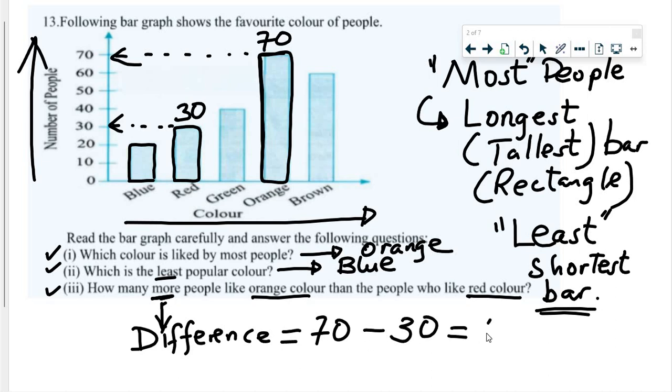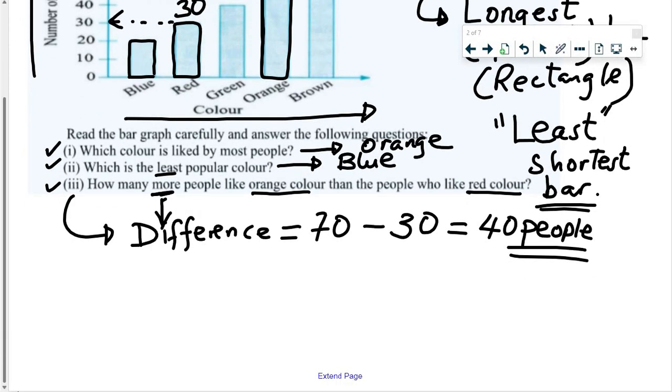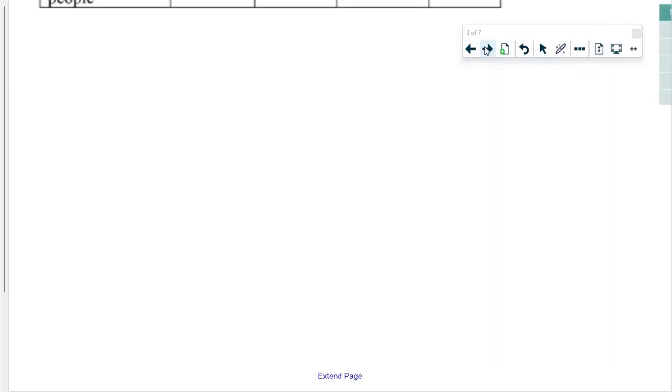What do you get? You get 40 people. Okay? So this is the answer for Roman 3. So you look for difference. All right? The next question.